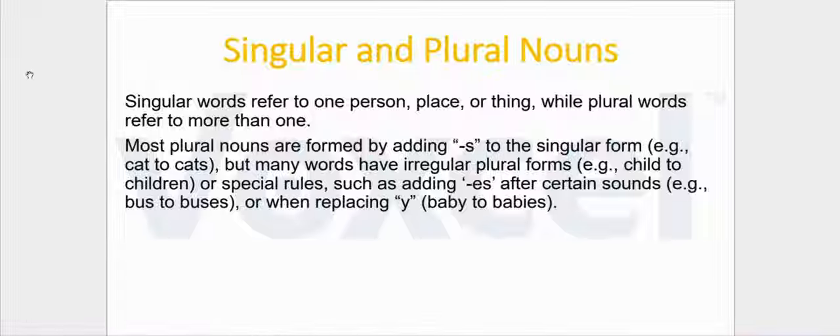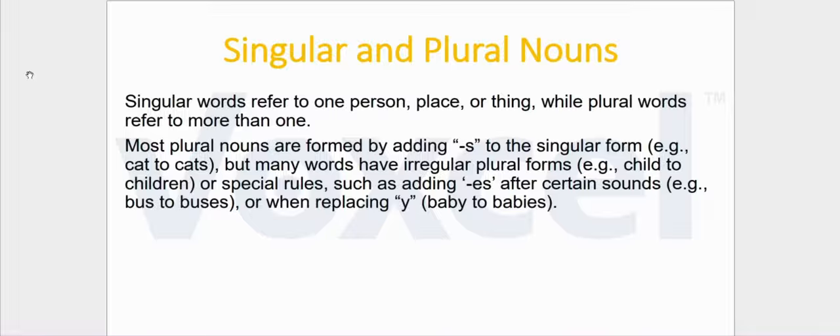So I have heard a lot of students saying children's, like people's. So these words, if you want to pluralize child or person, are not correct. Though people's you will find in English vocabulary, but the usage is quite different from what most students intend to use it for.